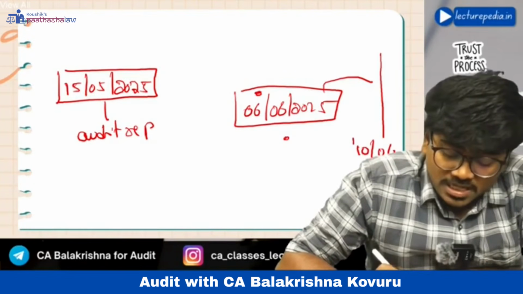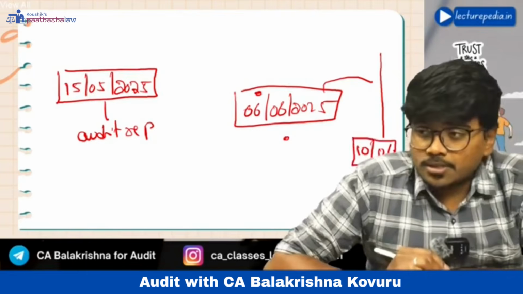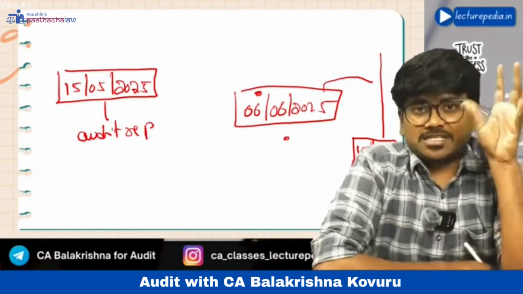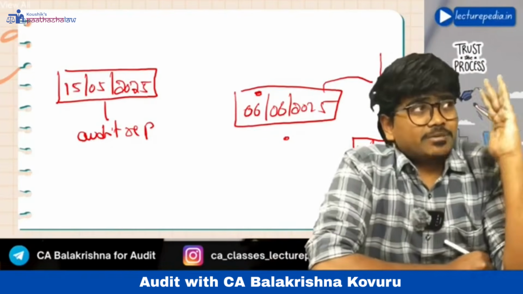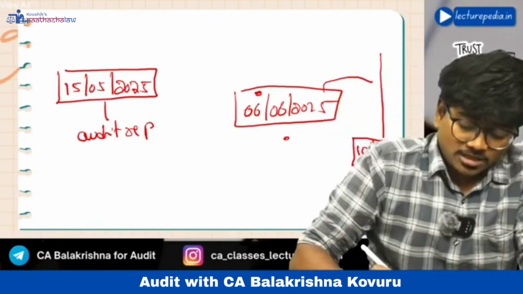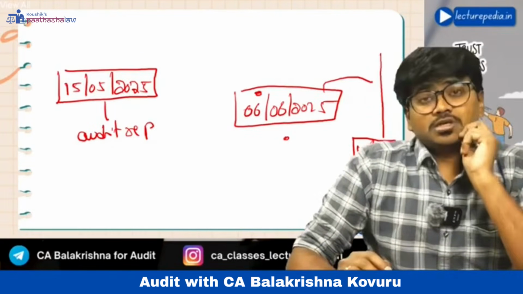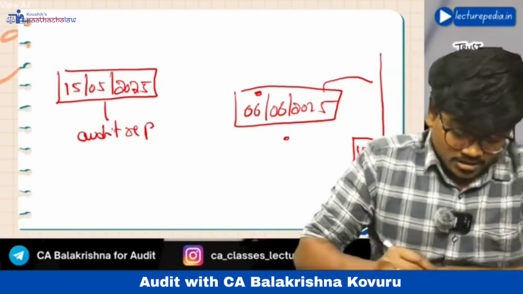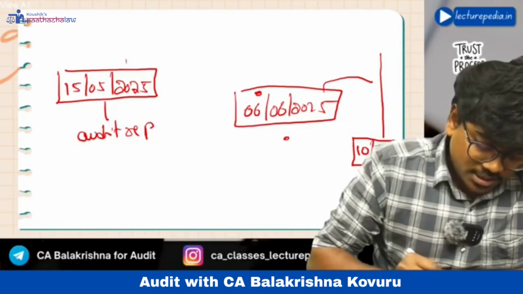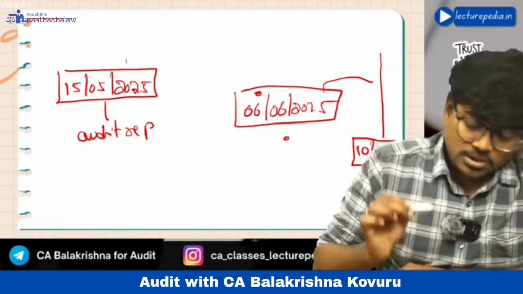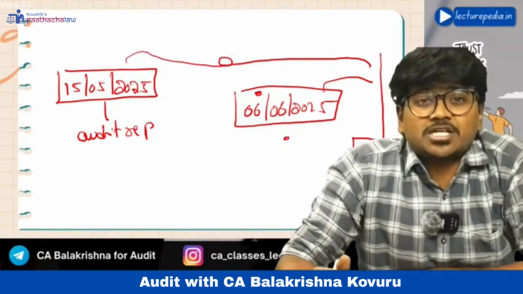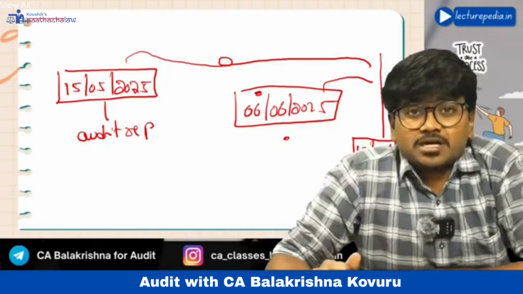Now, for the purpose of this amended audit report, subsequent events means the events that occur between the date of balance sheet till the date of audit report. Now, if you see, the date of the new audit report is 10th June 2025. That means all the events that occurred between 15th May 2025 to 10th June 2025 will also become subsequent events as per the definition of subsequent event, right?